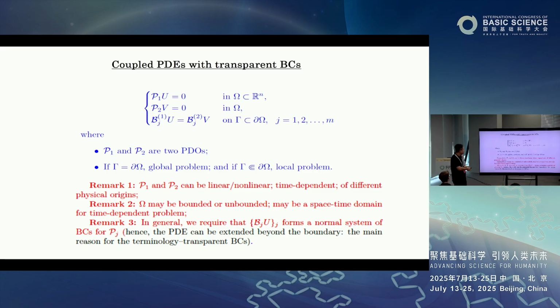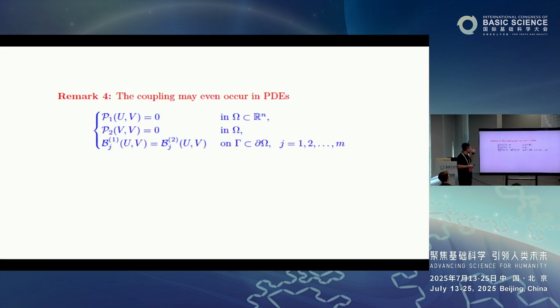So in the previous general formulation, the coupling only occurs at the boundary, but in our study, it not necessarily only occurs at the boundary, it actually occurs within the PDE. That means P1 and P2 both depend on U and V, and act on U and V. So we have this very general formulation of so-called coupled PDEs with transparent boundary conditions.